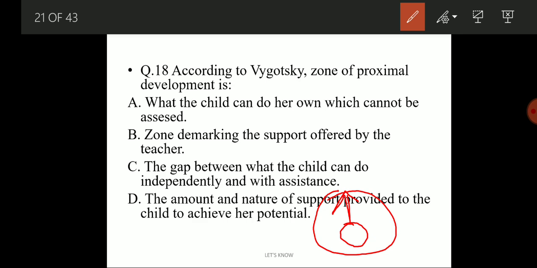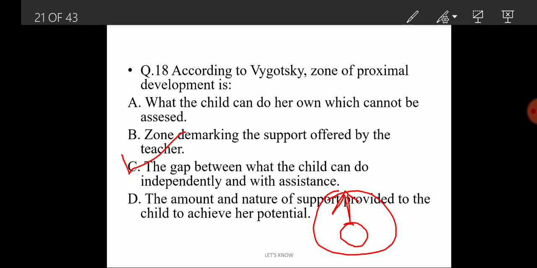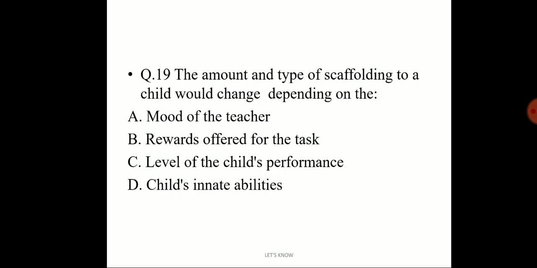Yes, this option is correct. The zone of proximal development is the gap between what the child can do independently and with assistance. This gap is known as zone of proximal development. Next question.